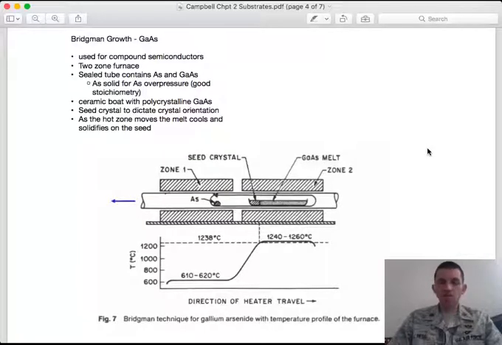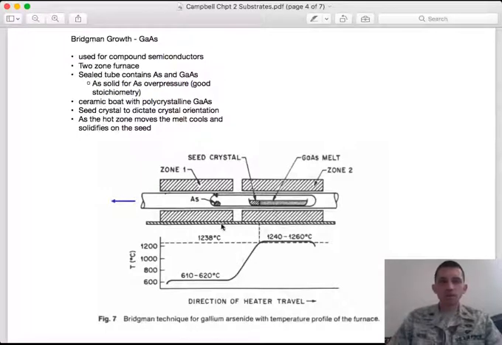This is called the Bridgman method, and it's based on similar principles, where we have a seed crystal and a thermal gradient, but it's not drawn from a melt. Instead, it's solidified from polycrystalline material in a boat, a ceramic boat, right?